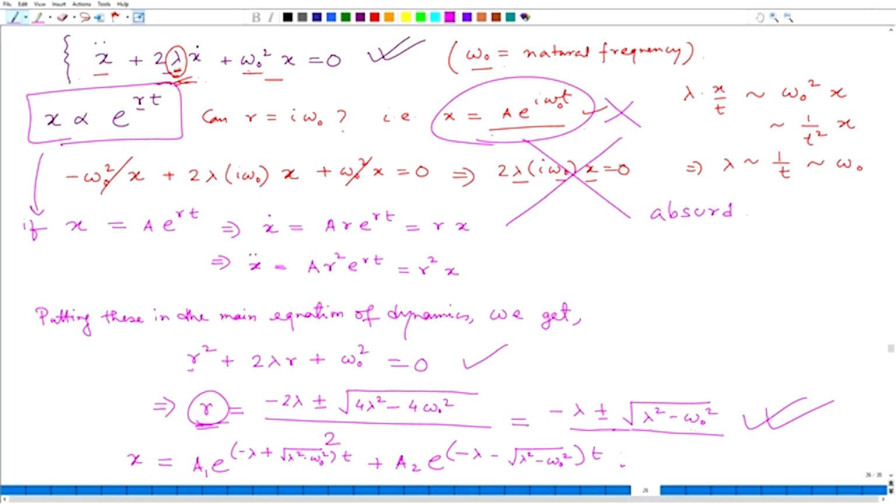But if lambda is less than omega 0, then this part is imaginary, and the roots of r will be complex in general. So, if you want to avoid this mathematically from the very beginning, you have to cast the whole problem in terms of a complex differential equation with the same coefficients.